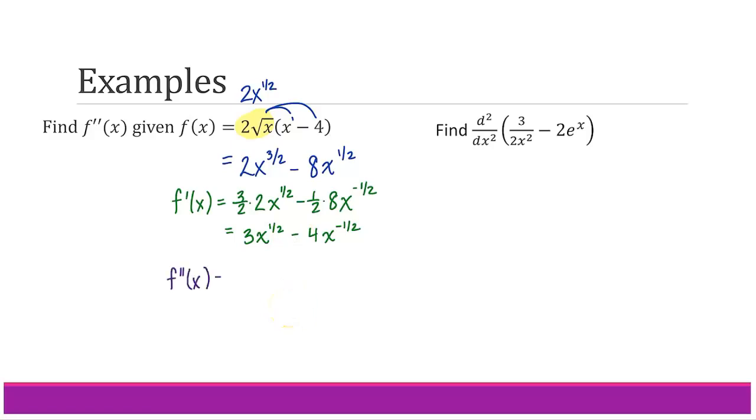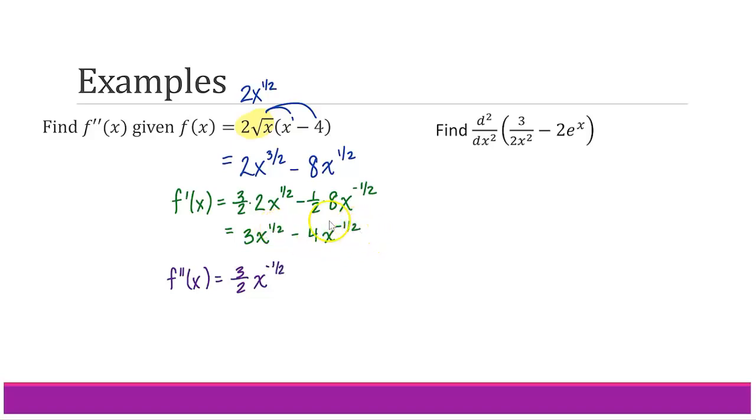f double prime of x is going to be multiplying the 1/2 to the 3 in the front. And so let's try to do that mental math now. So here I showed the work. Let's try to do it in our head. So 3 times 1/2, that's 3/2 x. And then I'm going to subtract 1 from 1/2. So that's going to give me a negative 1/2.